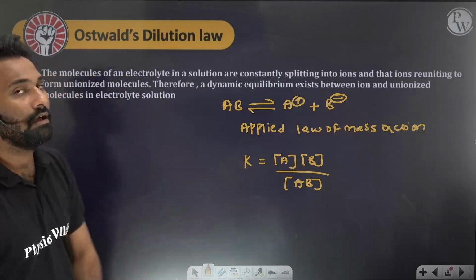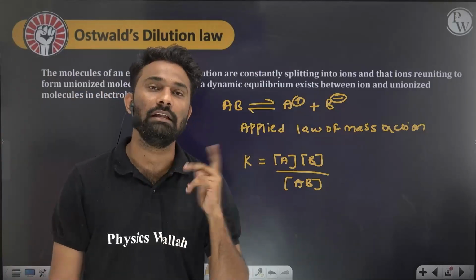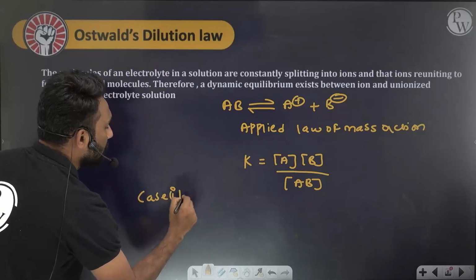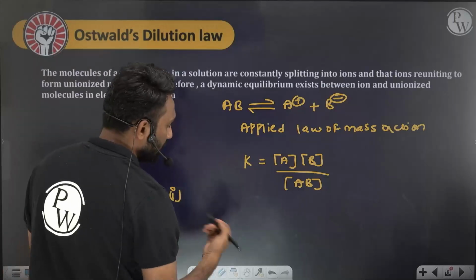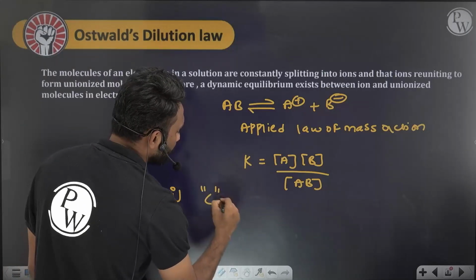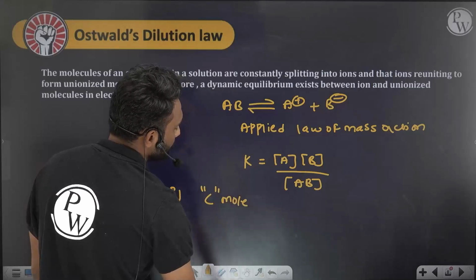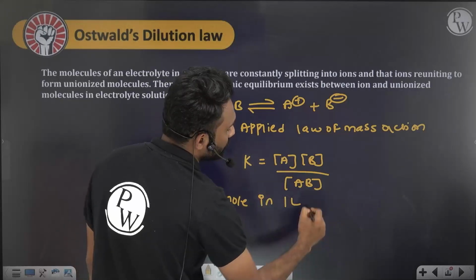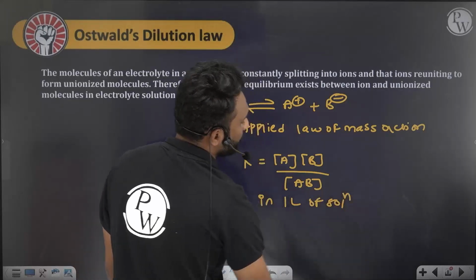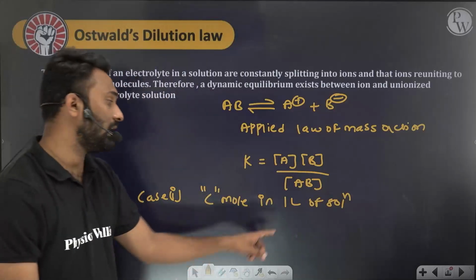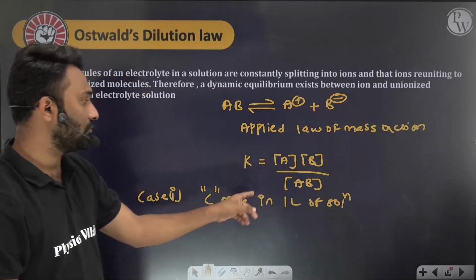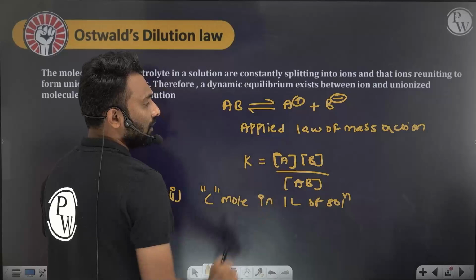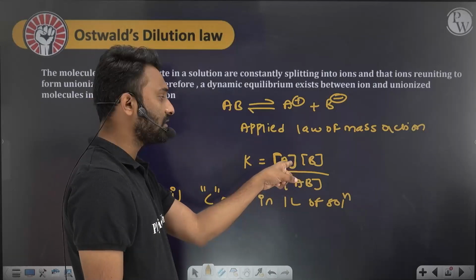Now he did two experiments, case 1 and case 2. In case 1, he has taken C moles of concentration in 1 liter of solution. For a solution, the law of mass action can be expressed in the form of concentration.